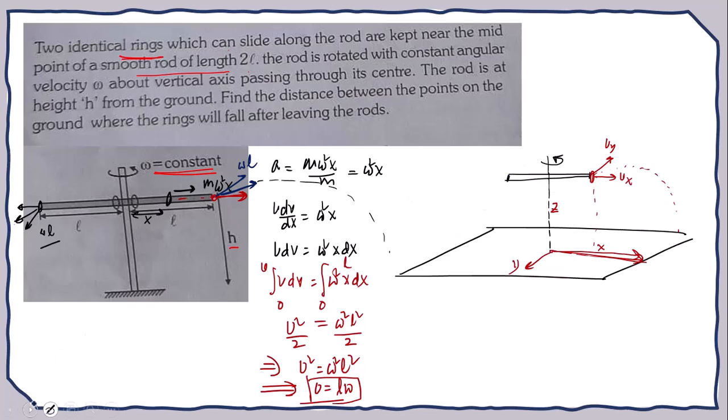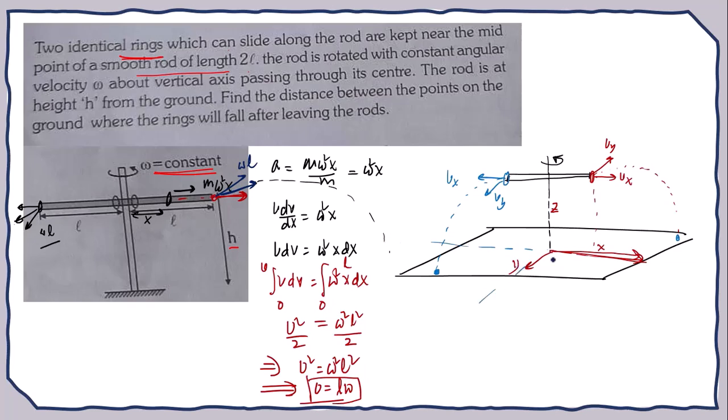Similarly, the other ring will do the same thing but in the opposite direction. Here Vx is in this direction and Vy is in this direction. So ultimately, the ring will fall over here. So these are the 2 points where the rings will fall.